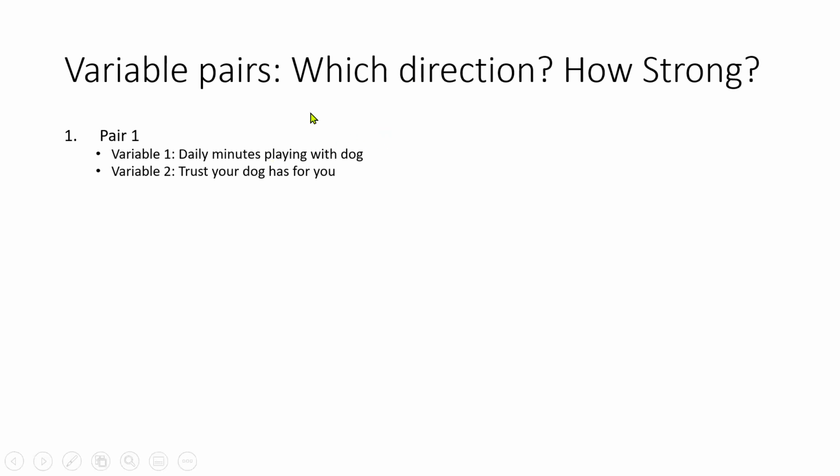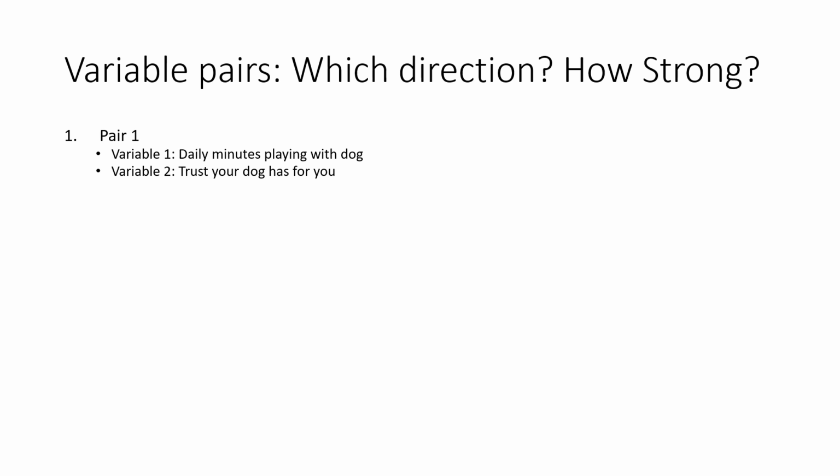Now I want you to answer one more question. How strong do you think this would be? And by that, what I mean is, if you knew how many minutes someone spent playing with their dog, and you knew how we were going to measure trust, how much do you think you could predict trust based on how many minutes they played with their dog?